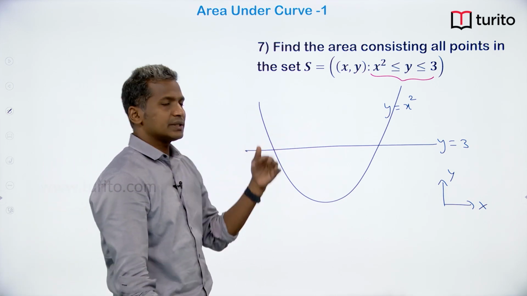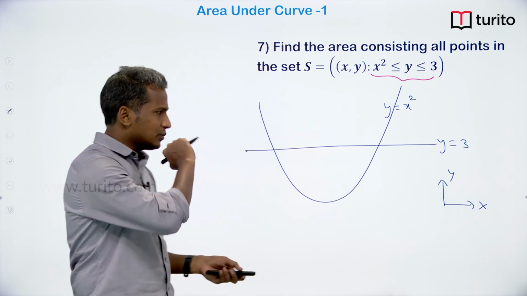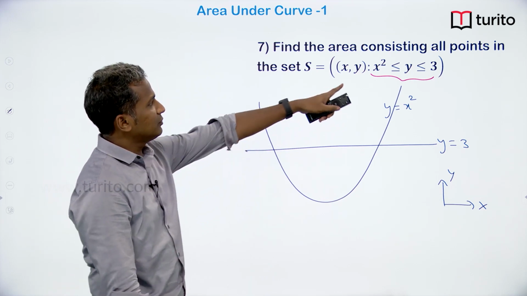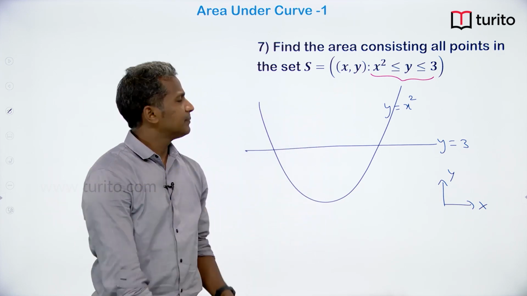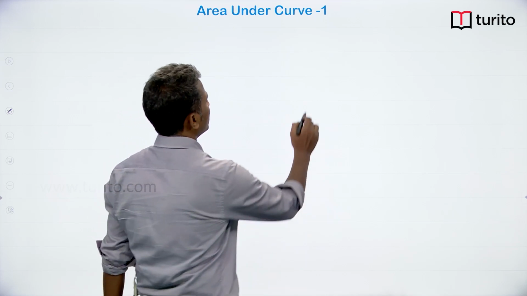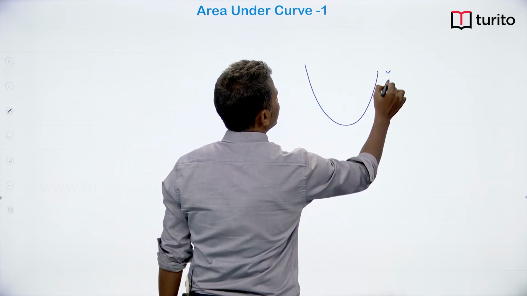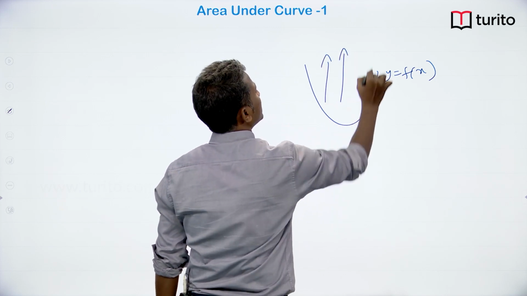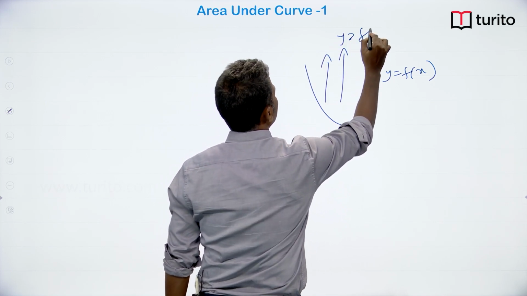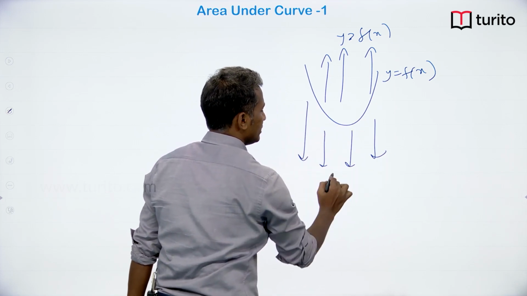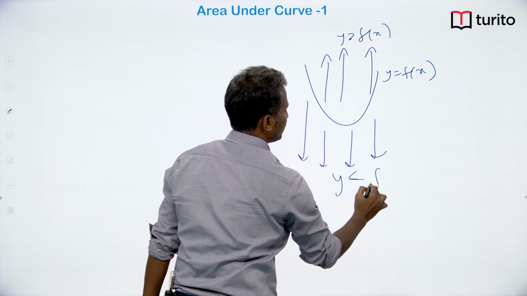So to do this, we try to understand the inequality first. y must be greater than or equal to x square. You have understood this in coordinate geometry. If this is, let us say, y equal to f of x, all the region which is above this curve will be y greater than f of x, and all the region below will be y less than f of x.